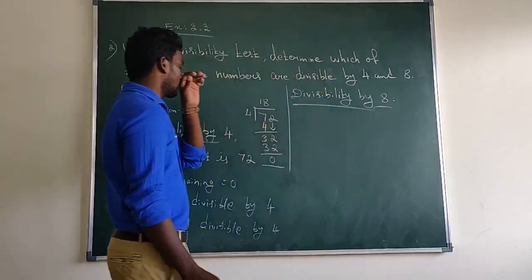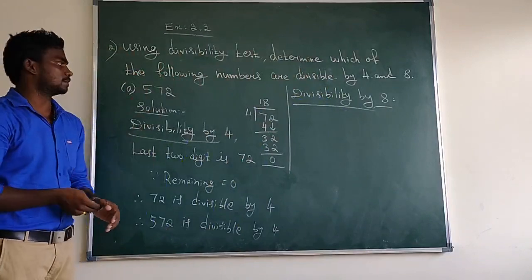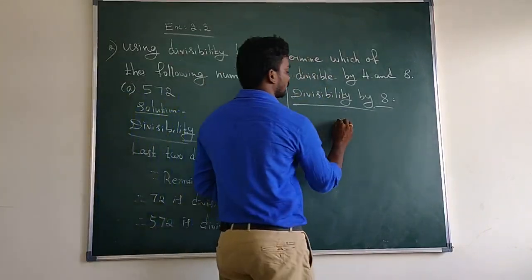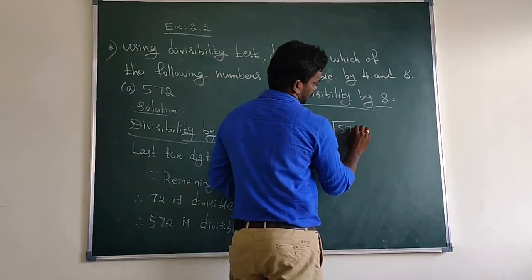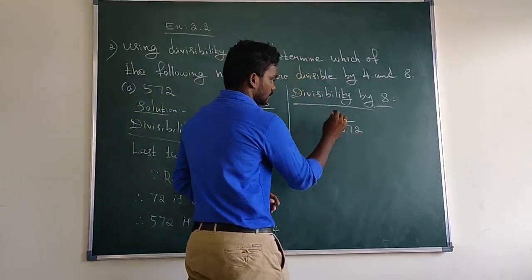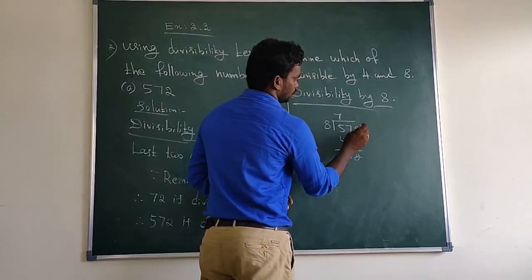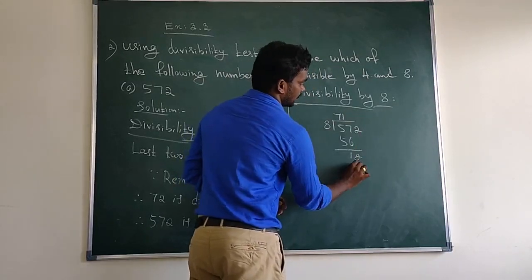Divisibility by 8 means we check the last 3 digits, but here our number is a 3-digit number only, so we can directly divide 572 by 8. 7 eights are 56, remainder 1, then 12. 1 eight is 8, remainder 4.